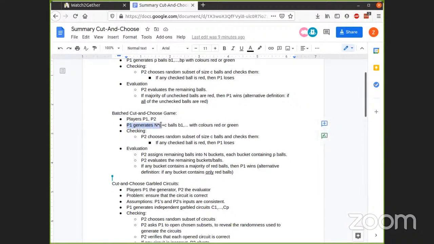So player one would generate n times p plus c balls or circuits. Here n is the number of times you want to evaluate your circuit, c is the number of times you check random balls from random circuits that are generated, and p is just another security parameter.